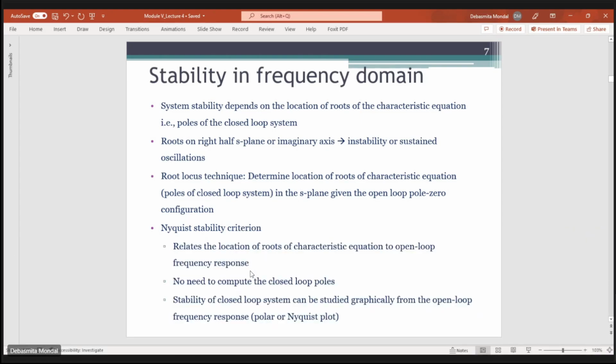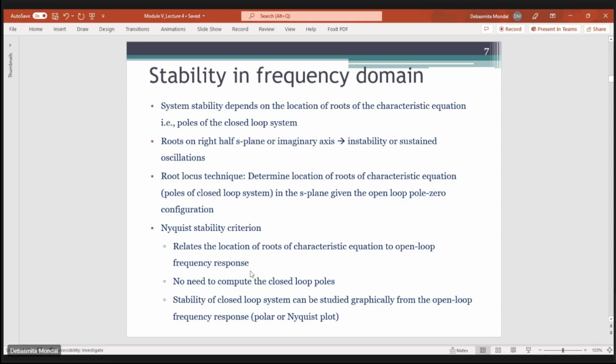So using this technique, we can determine the positions of the roots of the characteristic equation, or in other terms, the positions of the poles of the closed loop system, from our open loop pole zero configuration. Okay, so this was about the time domain criteria.